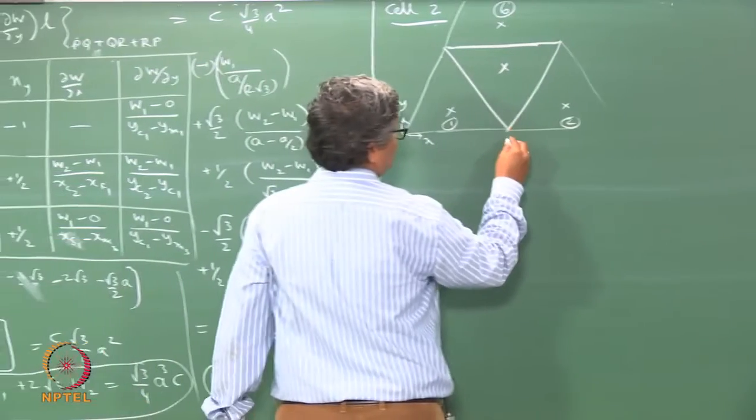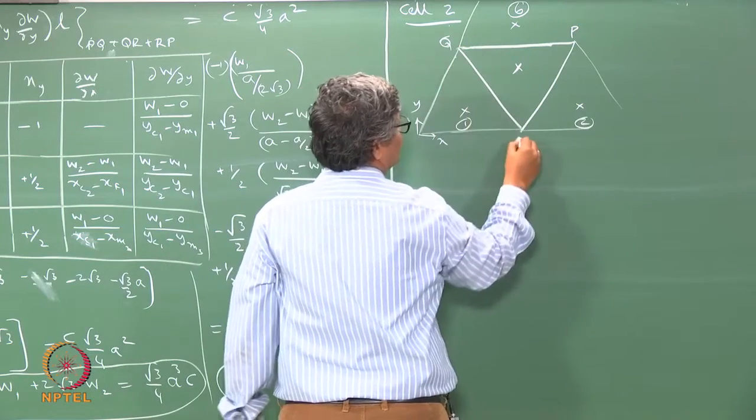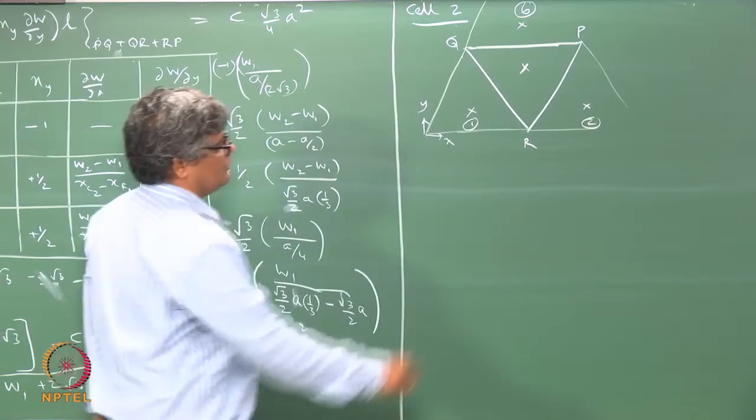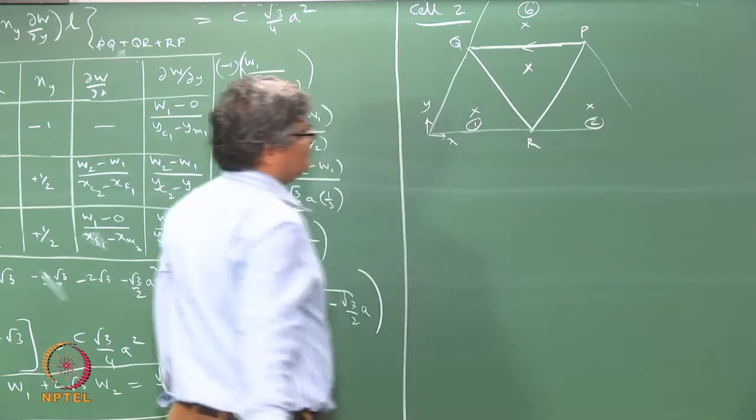So, just as before, we can start with this as P, Q and R. We start with the horizontal side, go in the counterclockwise direction and then come back up like this.